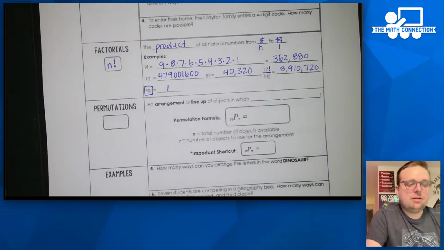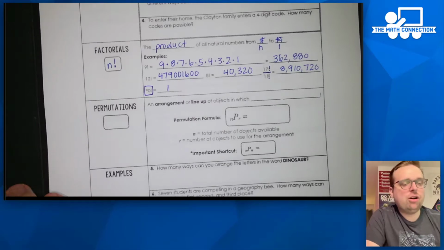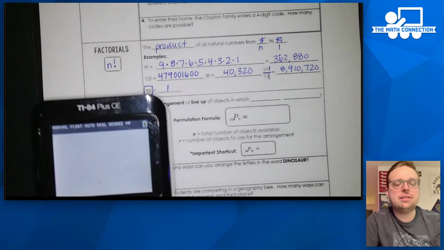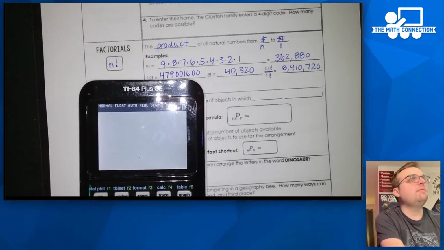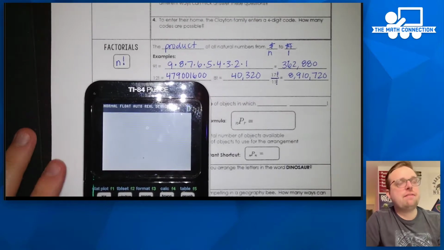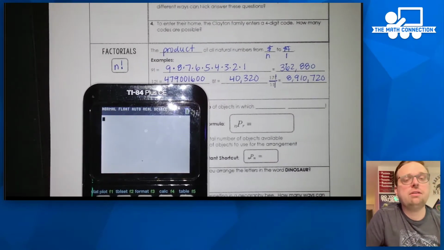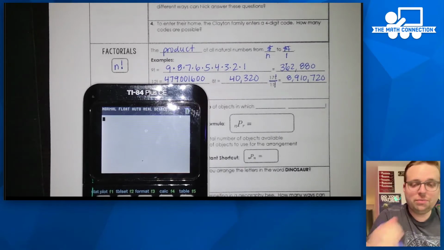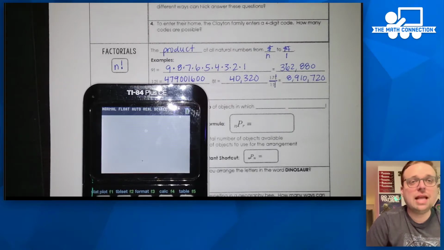All right, so if you're wondering how am I doing these so quickly with only a couple of button presses, if you have access to a graphing calculator, let me just make sure you can actually see this. Yeah. If you have access to a graphing calculator, the graphing calculator will do a lot of these functions we're about to cover for you. So instead of multiplying out 12 times 11 times 10 times 9, etc., you can just go to the calculator and you can put 12.